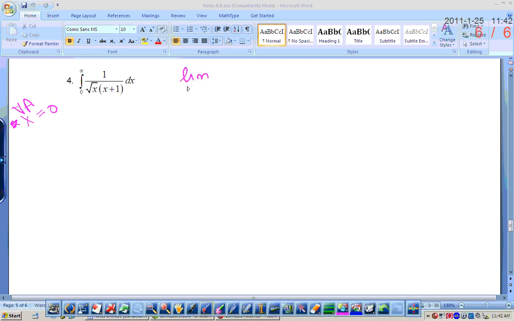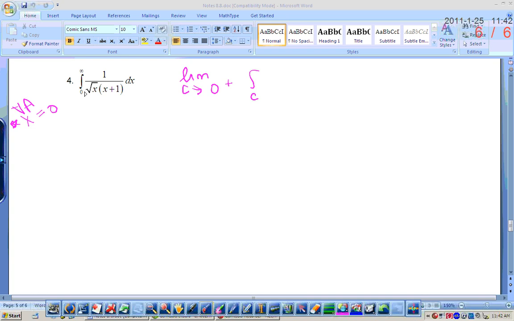So to set this up, I would take the limit as c approaches 0 from which side? The right. Integral from c to infinity. But I can only deal with one thing at a time. So I can't use 0 because I've already got that right here.